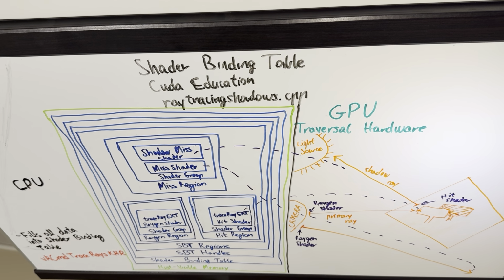You just get a blank screen. You could set up all the shader binding table and do everything you want from the CPU, but if you don't call this, nothing happens. And if you take out traceray.ext in these shaders, I believe nothing happens either. I have to check again. You don't see anything because you're not generating any rays. I don't think it crashes, but you're not seeing anything if you remove the traceray.ext.